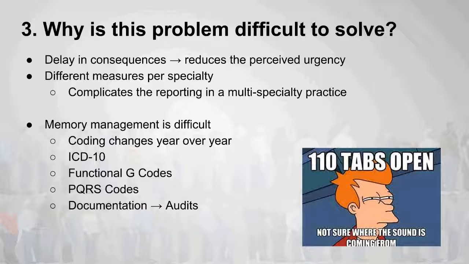So you want to be able to focus on that so that you can get paid for the services that you supply now. That's why this problem is difficult to solve, because we have to find a way to prioritize, and we always prioritize to the present and not to the future. And I'm going to turn it over to Dave to explain that a little bit further to us.